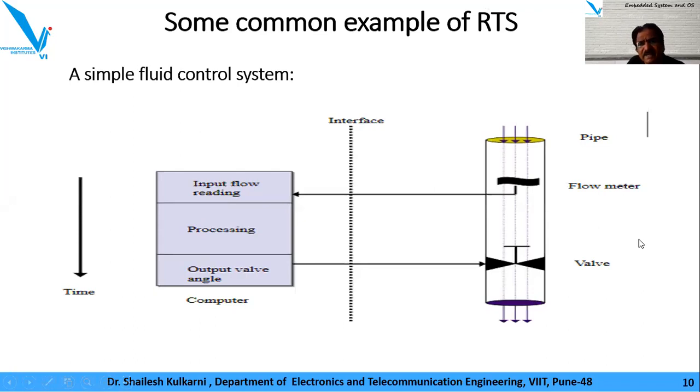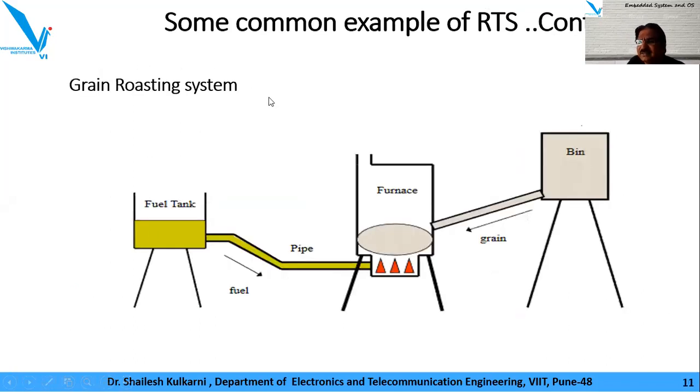Getting it? The second example that we can see is a grain roasting system, where if I want to roast any grain in the furnace, temperature control is the most important point, right? The grain is poured from the bin into the furnace, and the fuel tank supplies the fuel for the furnace.